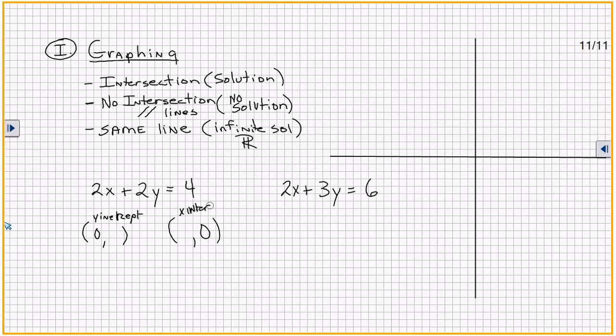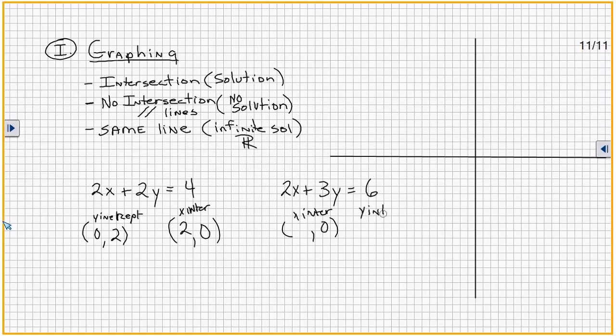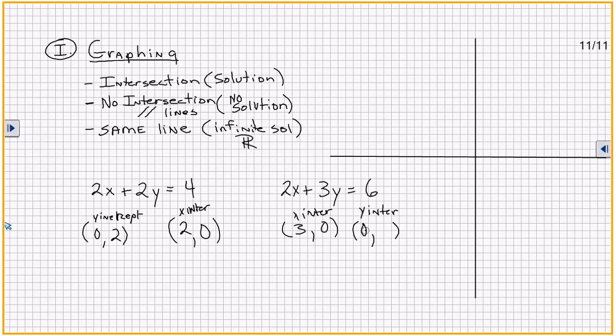So 0 for x will give us 2 for y. 0 for y will give us 2 for x. Same thing over here. X-intercept, 0 for y, y-intercept, 0 for x. 0 for y gives us 3, 0 for x gives us 2.